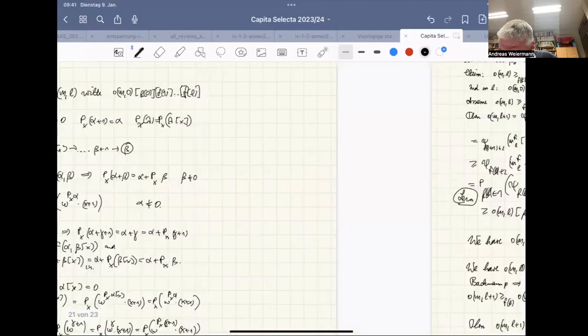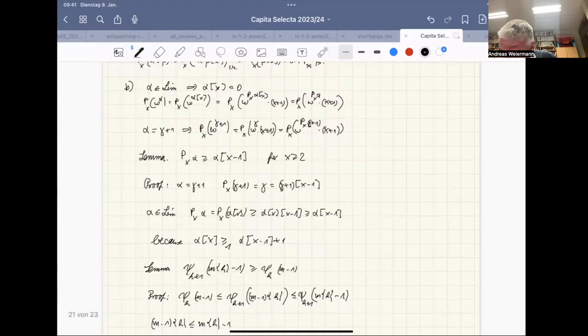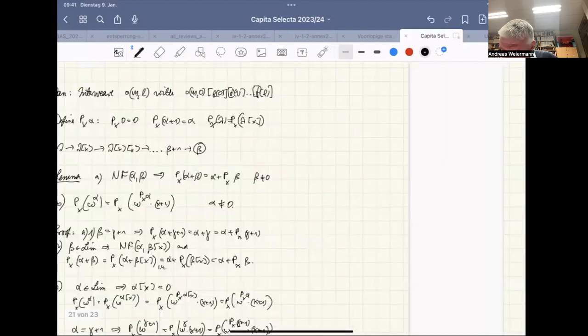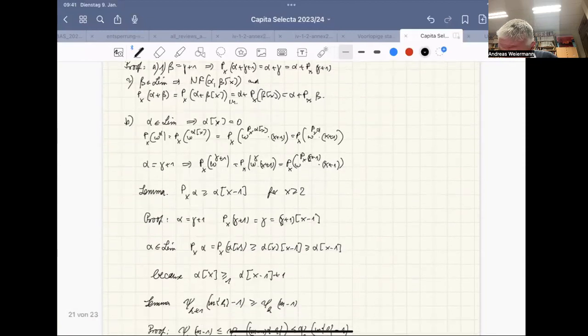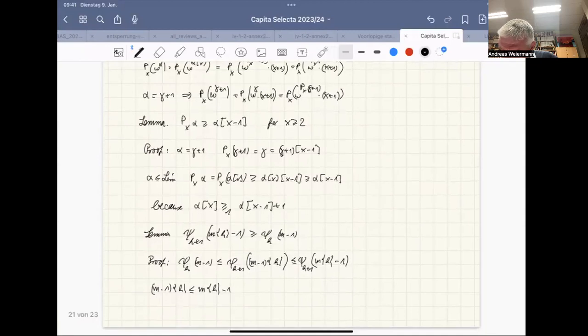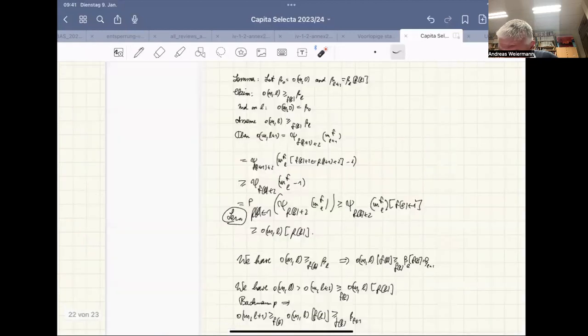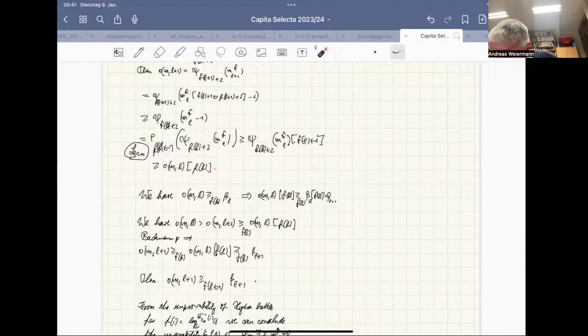Now let's see. We have this one here. So if here is an x, we go to x minus 1. And then we jump directly to f of L. But this is just good in our case, and we have here equality.